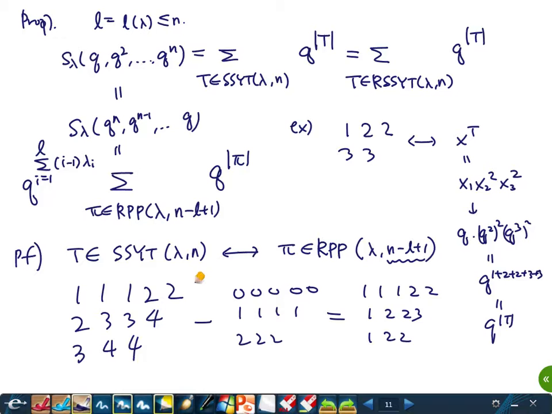But what if we have maximum element n over here? It will be n. So this is not correct, I think. Reverse plane partition.